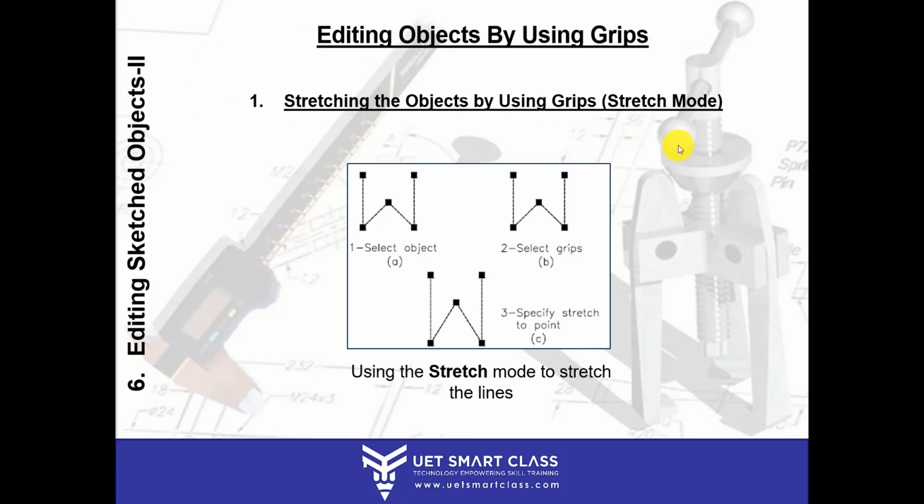Stretch mode is basically when you select an object and the grips are displayed on your screen, you can select one grip, or by pressing the shift key on your keyboard, you can select more than one grip, and just pull any one of the grips in a particular direction and it will be stretched.